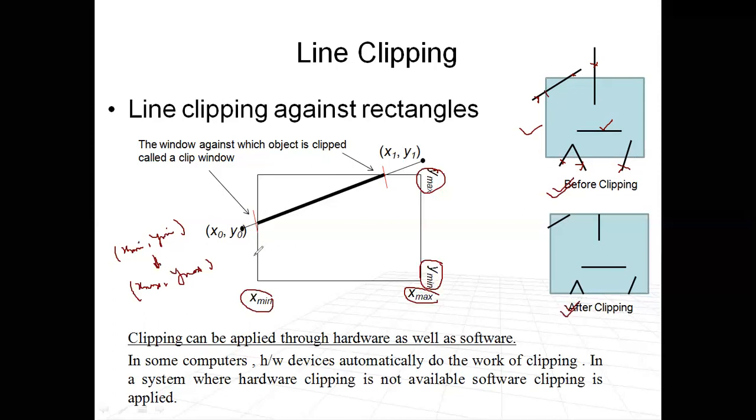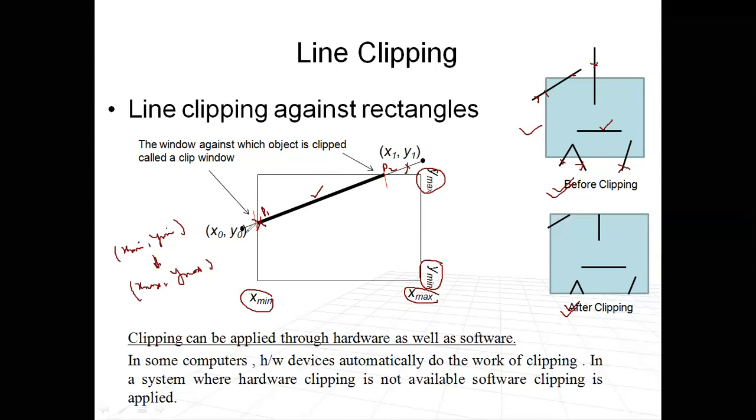Here also a line is shown with the line points x0 and y0. It is given across this edge, the line is cut down and this point is calculated. Let's say this is p1 and after clipping, this is p2. So this line will be accepted and the rest will be discarded after clipping.